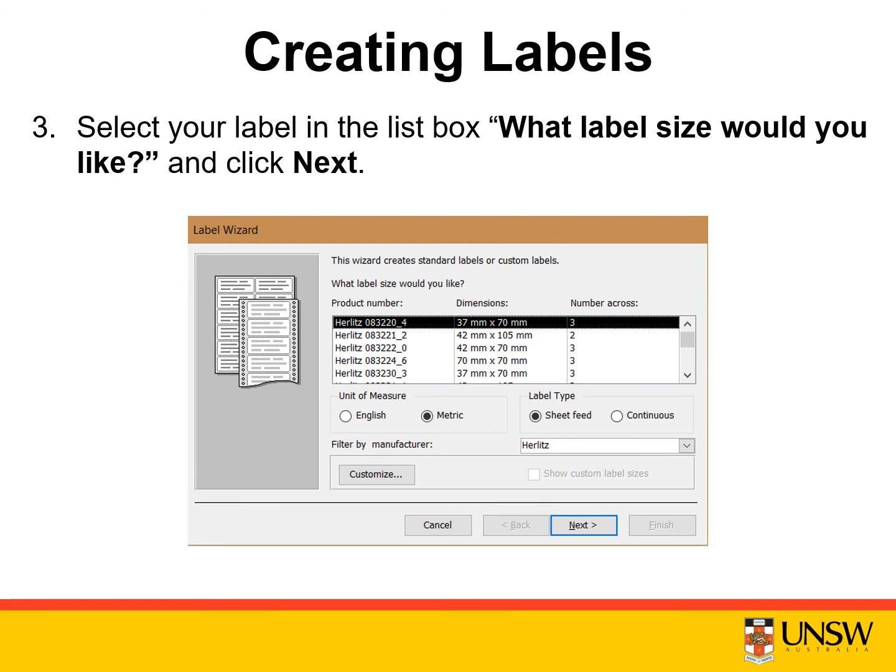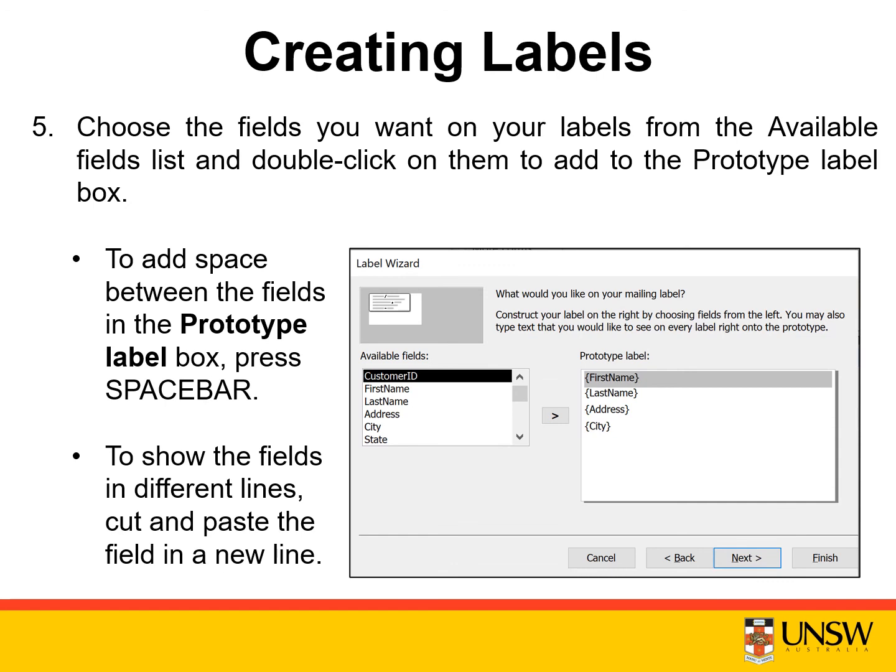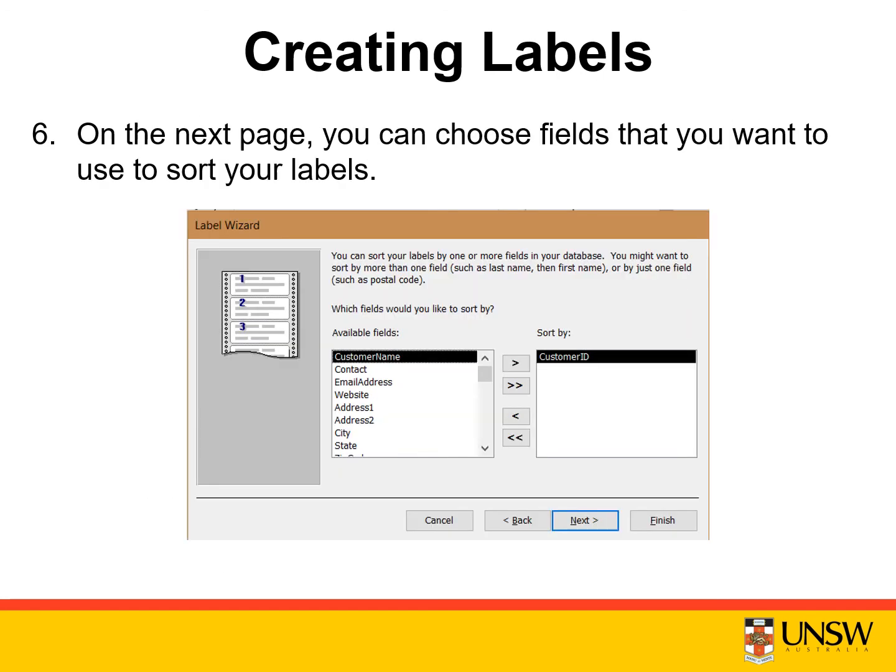As the first step, Access shows you a list of standard label sizes and you should select the desired label size. In the next window, you should select the font name, size, and text color of your labels. In this step, you should select the fields that you want to have in your label. This step is for selecting a field to sort the labels based on.